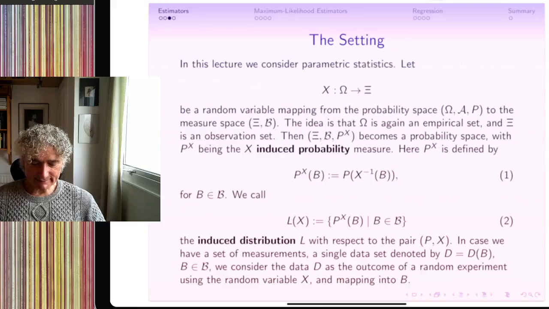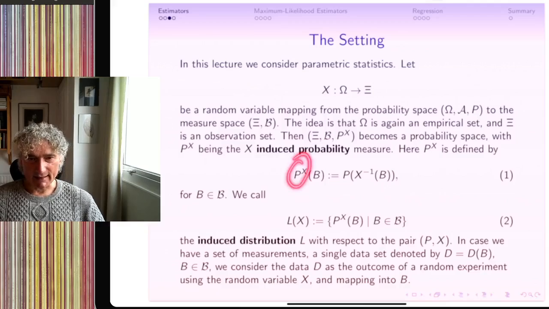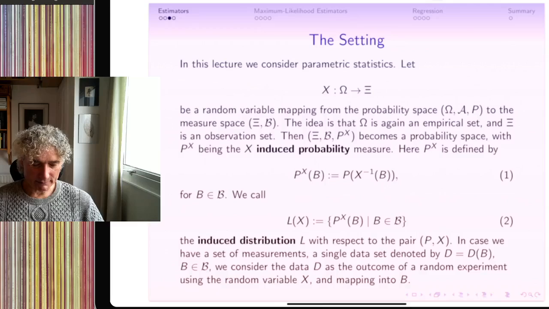Formally, you define this as follows. You take any set B in the space B. You look at the origin of that in the space omega. So you take here X to the power -1 of B, and then you can use the probability P on the space omega to define this induced probability P^X for all B in B, so for all measurable sets in this space Xi.